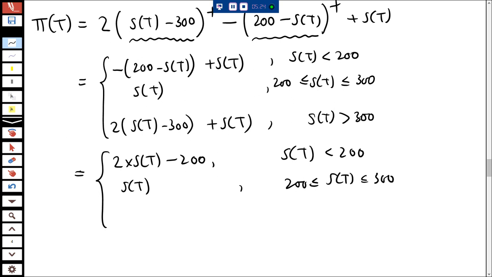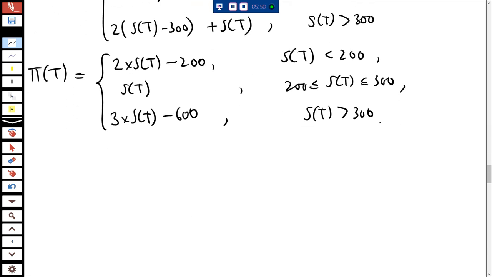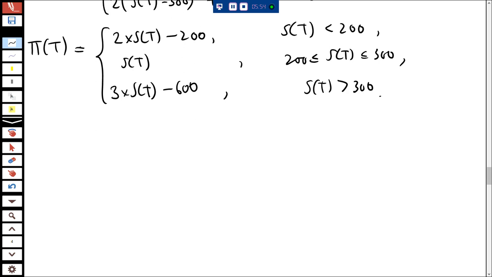And finally, 3 lots of ST, take away 600. I don't want to make a mistake now, I've called it all elementary. Let me check those numbers. So yeah, that makes sense. So there's the payoff at time t for all the different possible values of the share price.